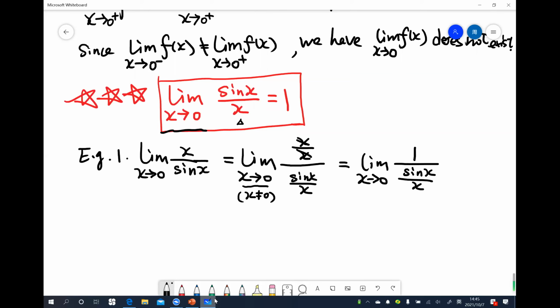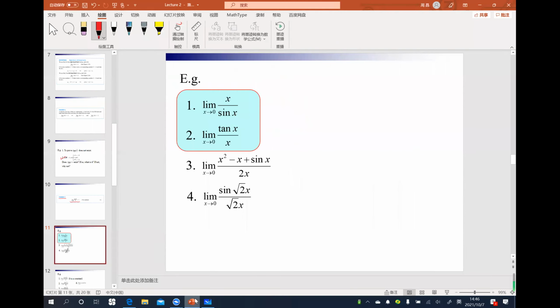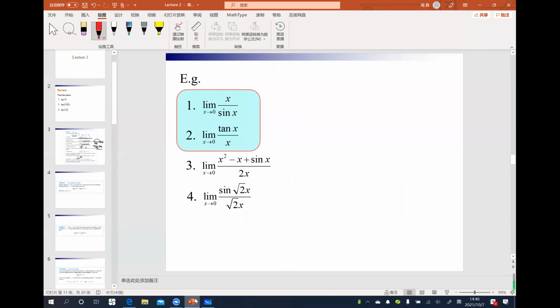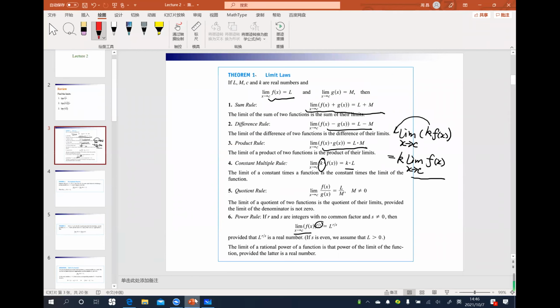Here we will use the quotient law, the quotient rule. The quotient rule I have shown you at the beginning of the class. Here, number 5, the quotient rule means the limit of a function f(x) by g(x) equals the limit L by M, right?